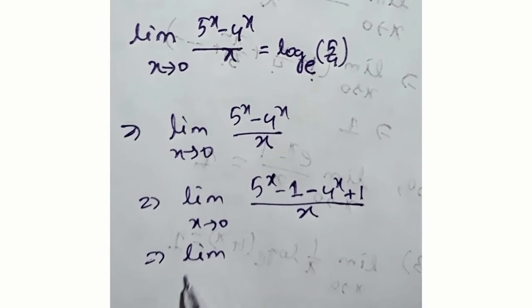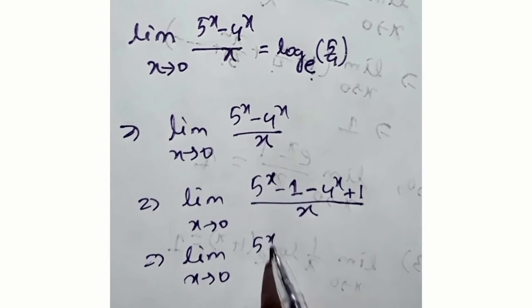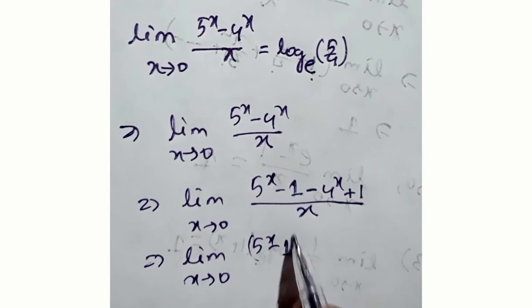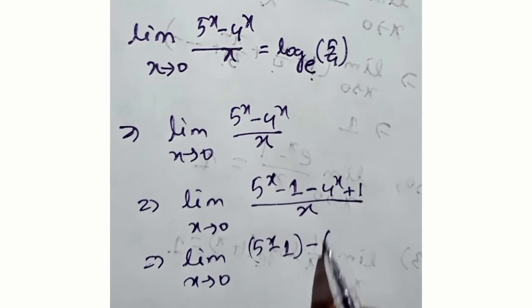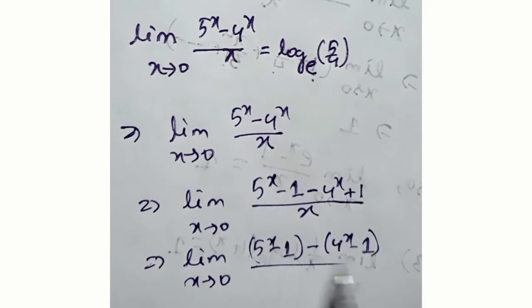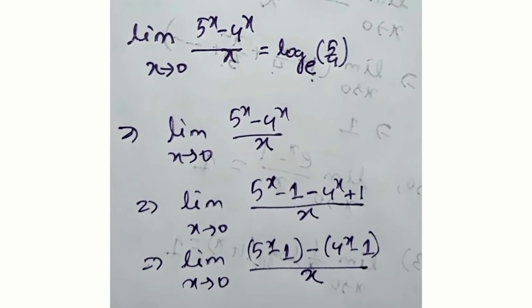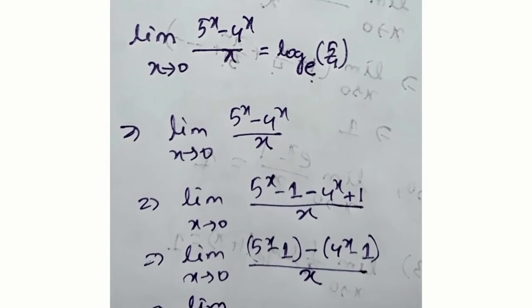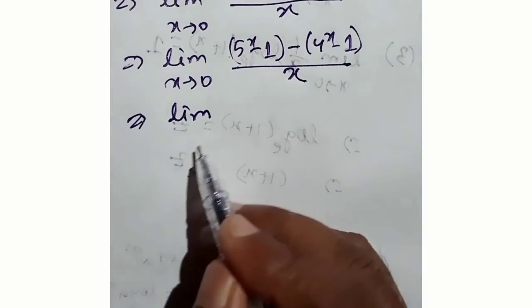As we add a minus 1 here, we also have to add a plus 1 here, by x. So limit x tends to 0, (5 to the power x minus 1), and here we take the minus outside, (4 to the power x minus 1), because we have to separate this.